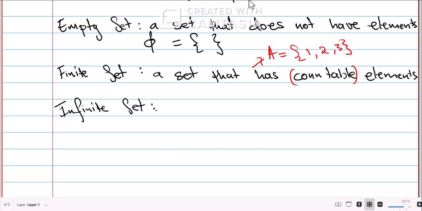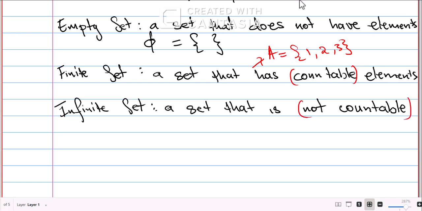Now an infinite set is a set that is not countable. If you can't count the elements of the set, you can say the set is infinite.